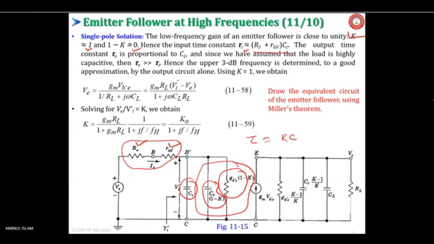And why it is neglected, that is also known to you. Because of the expression 1 minus k, 1 minus 1 is almost 0, because k is close to 1. So this is what you got, the input time constant. The output time constant To is proportional to Cl, the Cl at the output side.